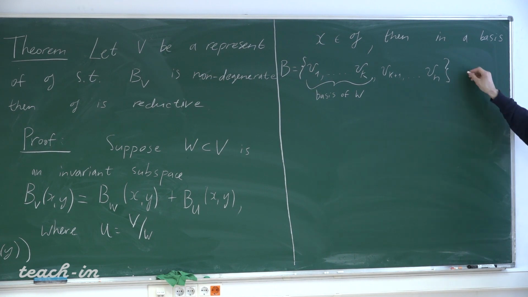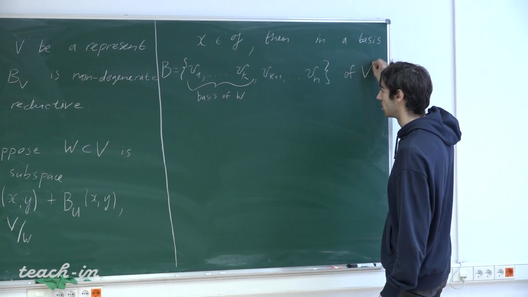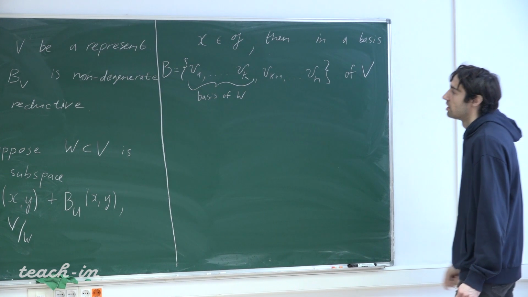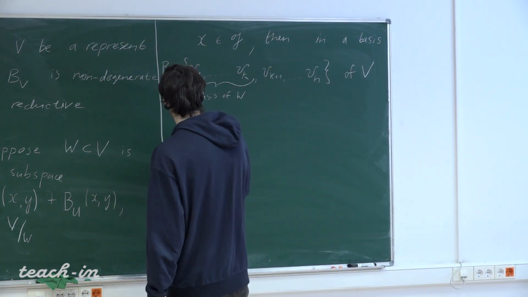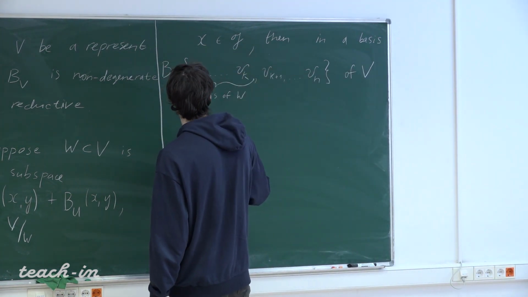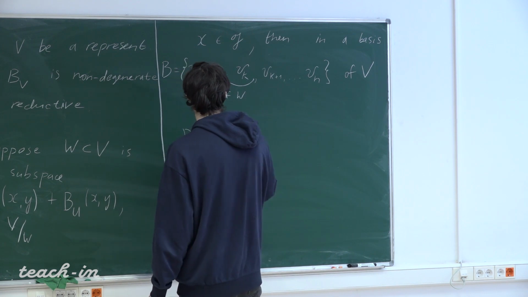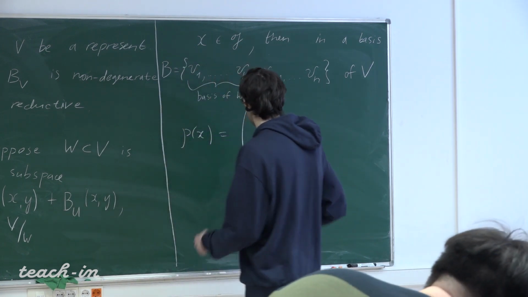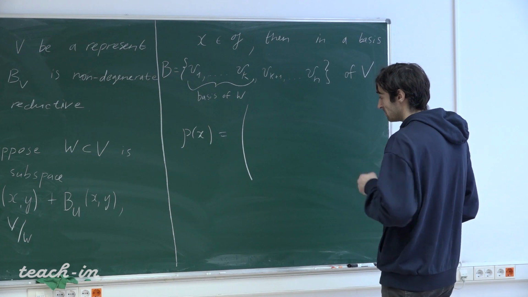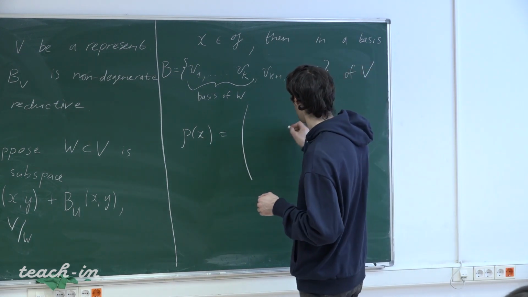So this is a basis of V. Rho of x looks like this. Actually we have blocks.